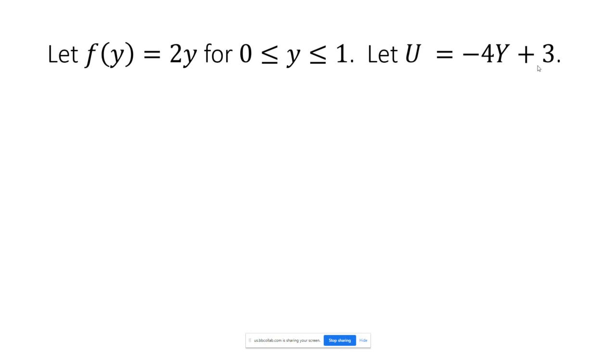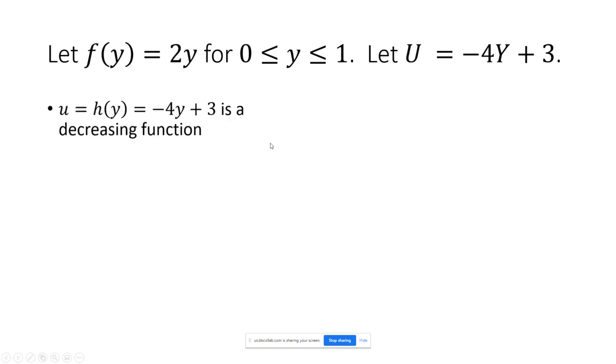Yeah, Sam, how do we know we can use the method of transformations? Yeah, it's just a linear decreasing function for all the values of y that we're interested in. All right. So try using that first step. Find h inverse of u.